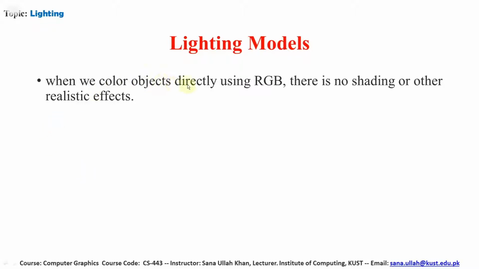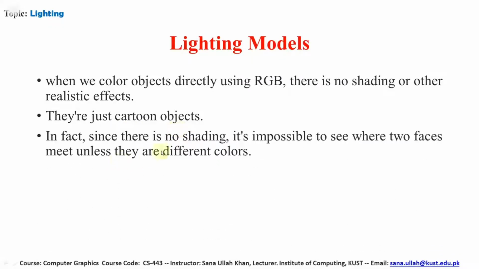When we color an object directly using RGB, without any shading or any realistic effects, what will happen? The object will look like a cartoon.